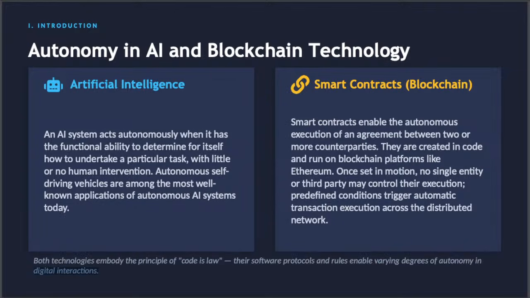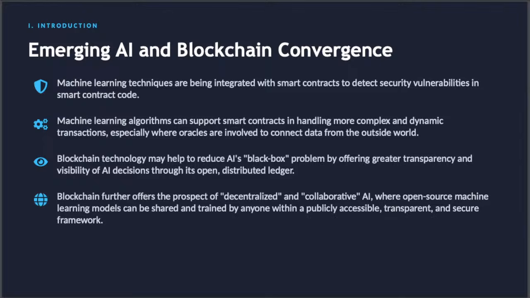And when we talk about smart contracts, here again, there's even more of a degree of autonomy in those digital interactions because once set in motion, no single entity or third party may control their execution, unlike self-driving cars where there might be some human intervention. Those predefined conditions trigger automatic transaction execution because the code is the law on that blockchain. So let's look at the emerging artificial intelligence and blockchain convergence.